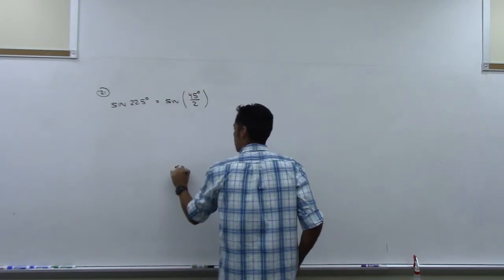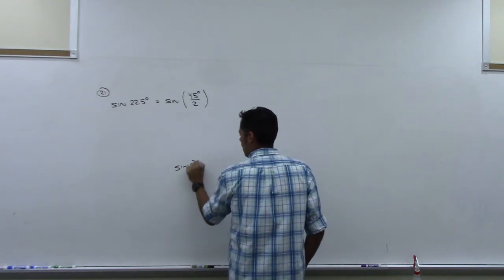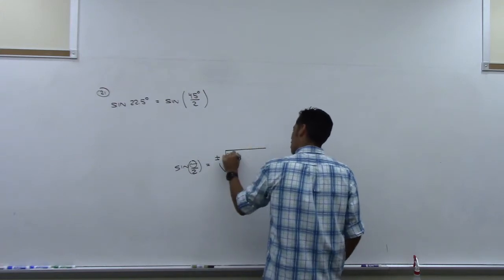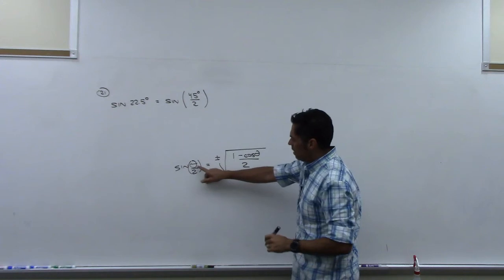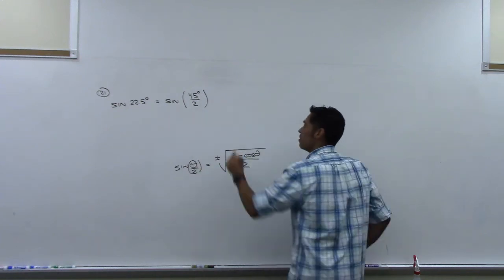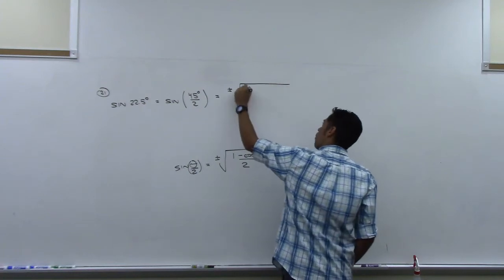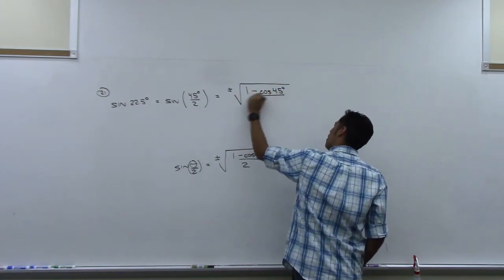So using the formula sine of theta over 2 equals plus or minus the square root of 1 minus cosine theta over 2, we know that theta here is 45 degrees. So this becomes plus or minus the square root of 1 minus cosine of 45 degrees over 2.